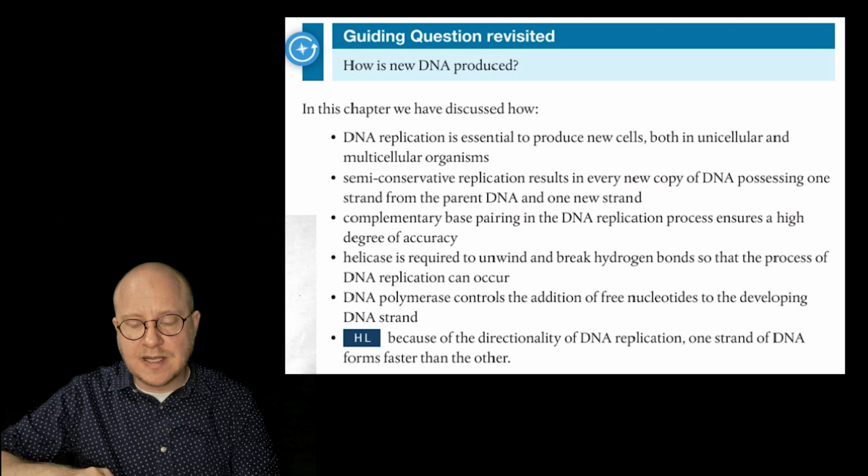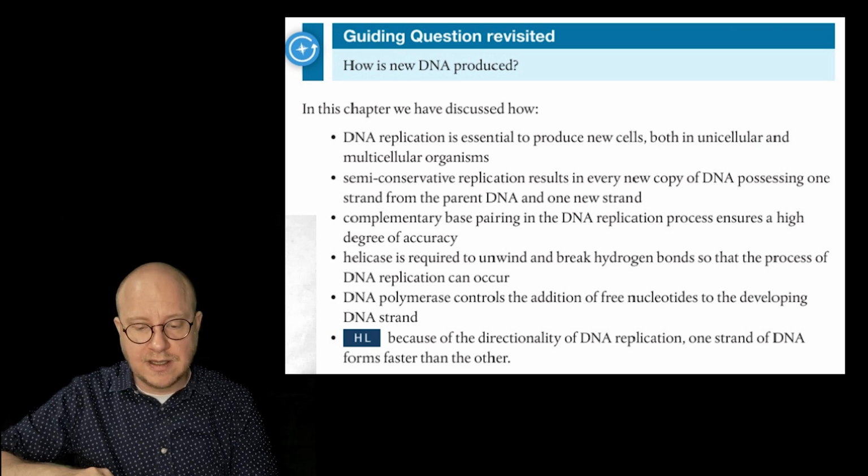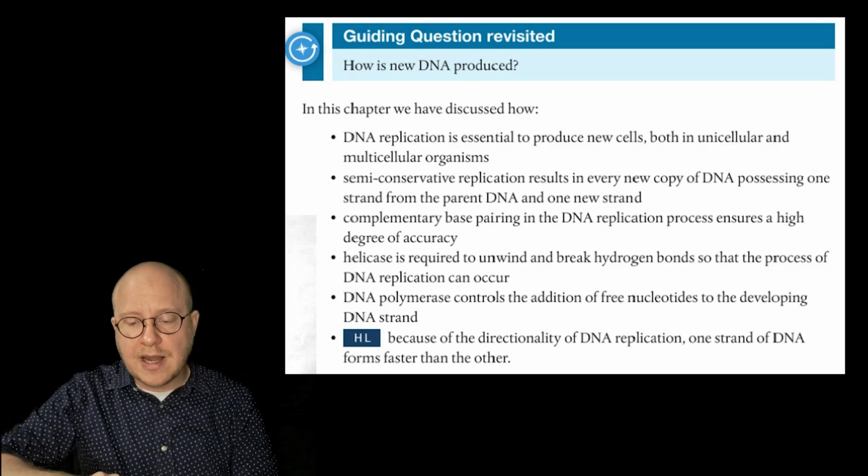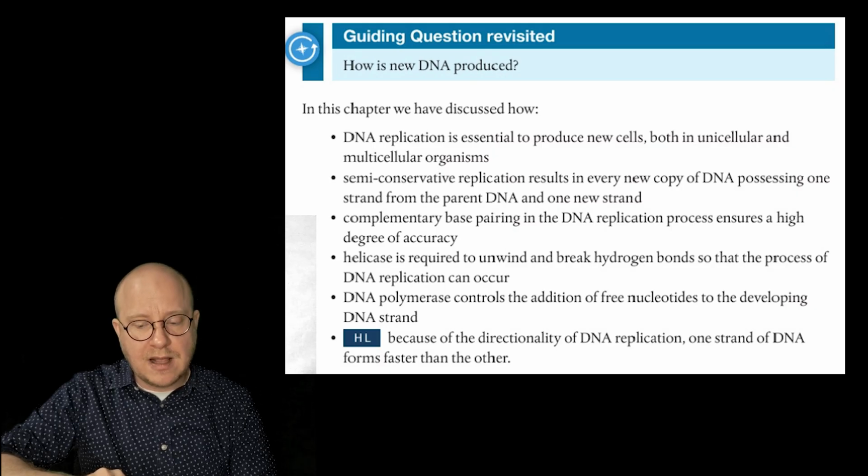Complementary base pairings in the DNA replication process ensure a high degree of accuracy. Helicase is required to unwind and break hydrogen bonds so that the process of DNA replication can occur. DNA polymerase controls the addition of free nucleotides to the developing DNA strand. Because of the directionality of DNA replication, one strand of DNA forms faster than the other.